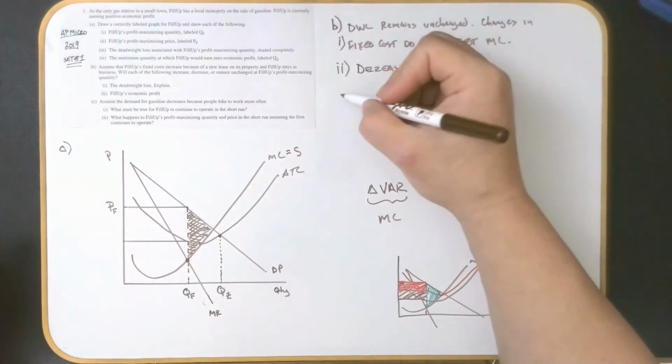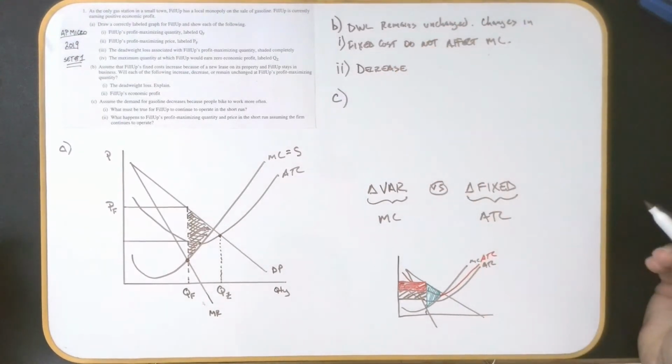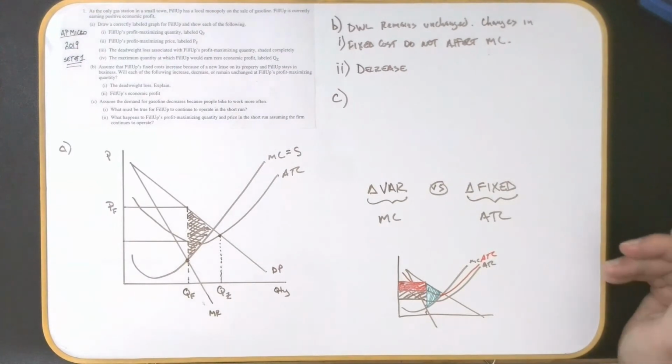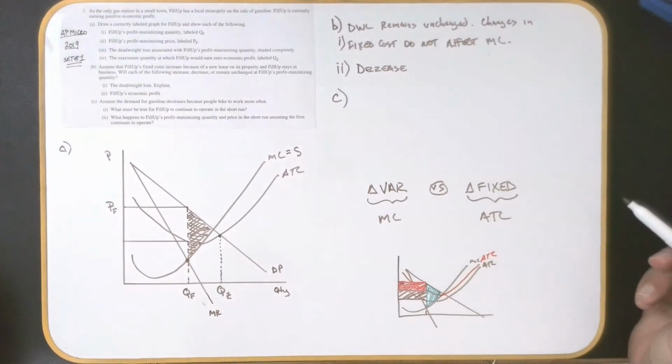All right, now it's time for C. C says, assume the demand for gasoline increases because people bike to work more often. What must be true for Philip to continue to operate in the short run? Now sometimes you'll get questions, and this is why it's so important to go over the old AP exams, where, especially when you're smart kids, you could answer that question lots of ways, and you're thinking, boy, that's kind of vague.